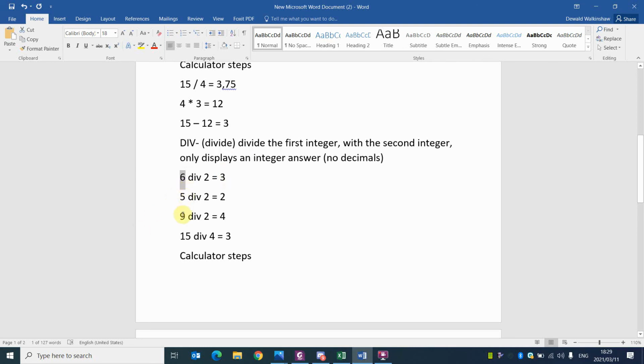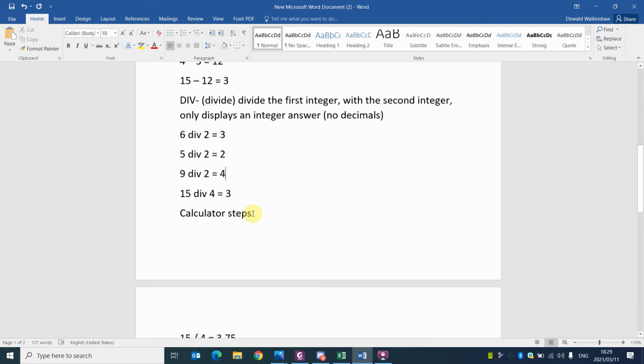If we look at 9 div 2, it would be 2, 4, 6, 8, and the next one is 10. You cannot have another full one, so the last complete package is the fourth one. So it is 4 times, and you only write 4 and you do not care about the decimal. You throw it completely away. You do not round up, you do not round down, you throw the decimal away. Okay, all good.